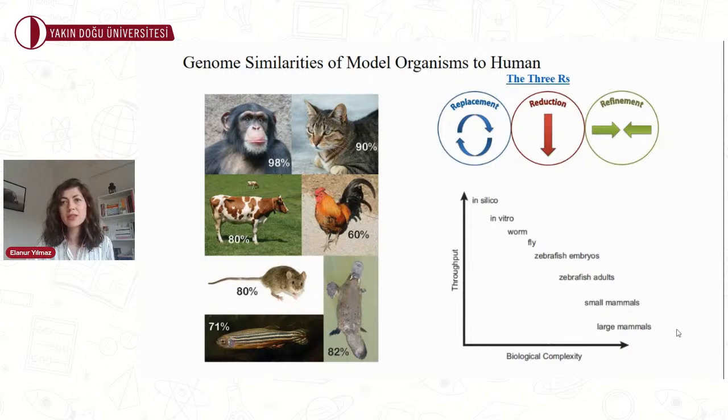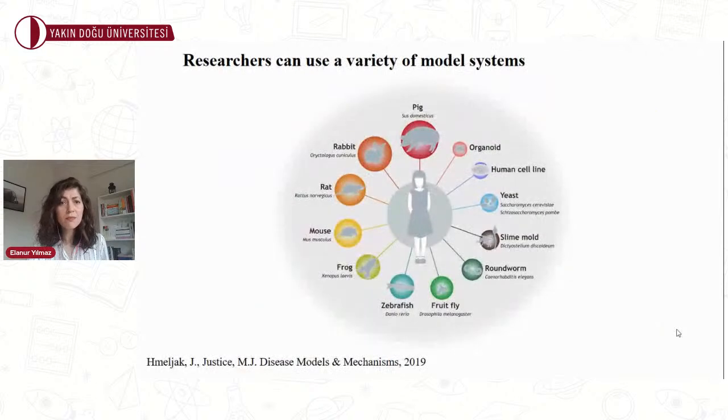Researchers can use a variety of model systems spanning from simple in vitro cell lines to large animals. All organisms are connected to each other through evolution, like members of a great big family. We share more or fewer characteristics of how we function according to the degree of relationship.